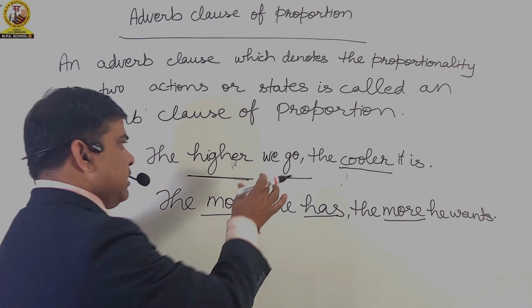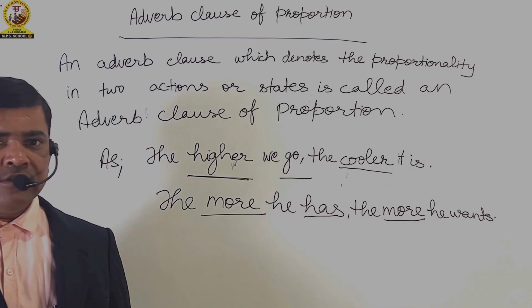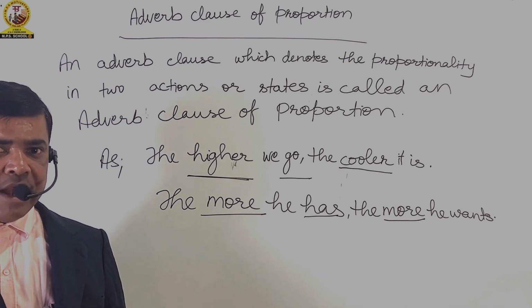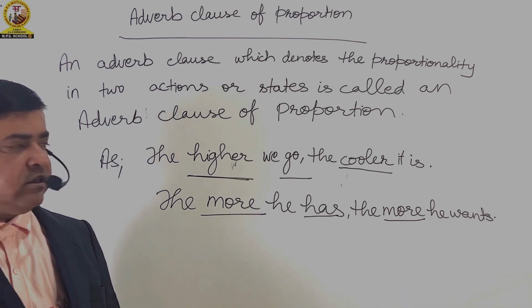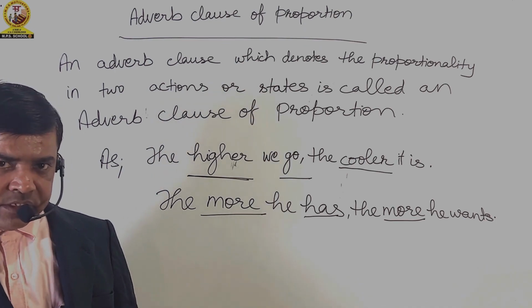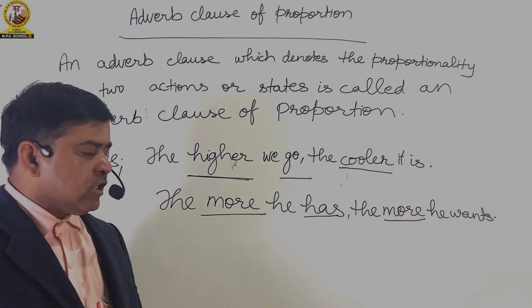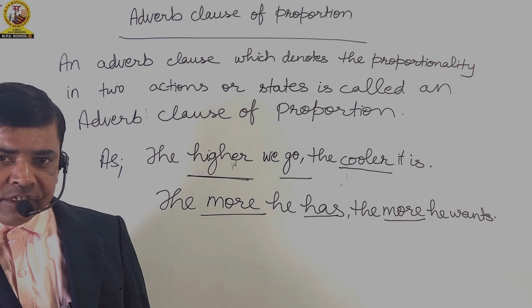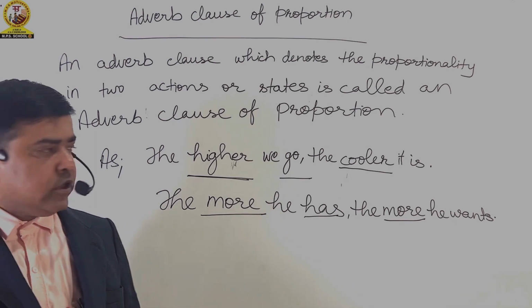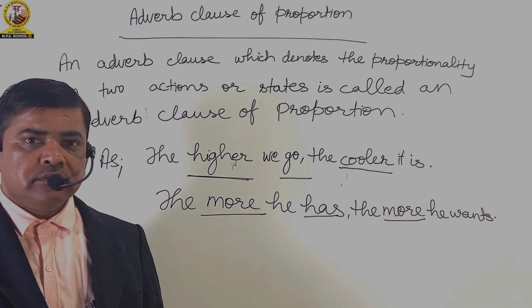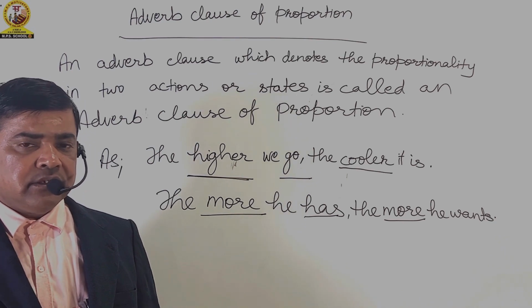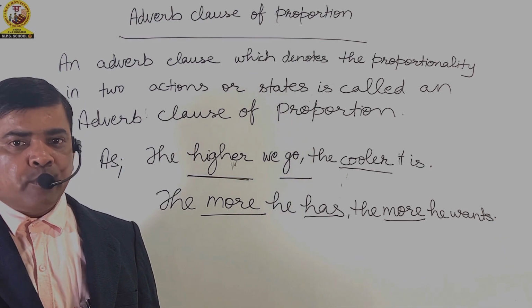So there may be action and a state in the sentence. In the first part there may be action, and in the second part there may be a state, and in the first part there may be possession, and in the second part there may be action. So this type of expressions may be used together in adverb clause of proportion.